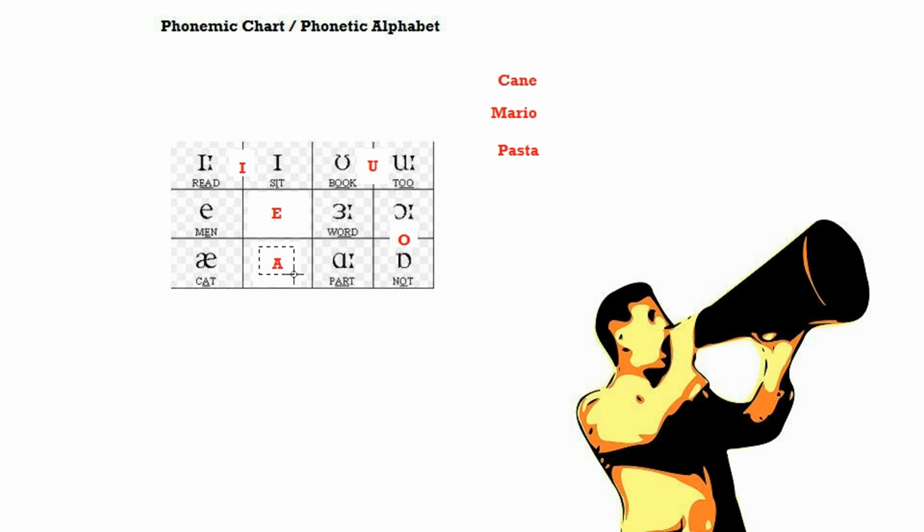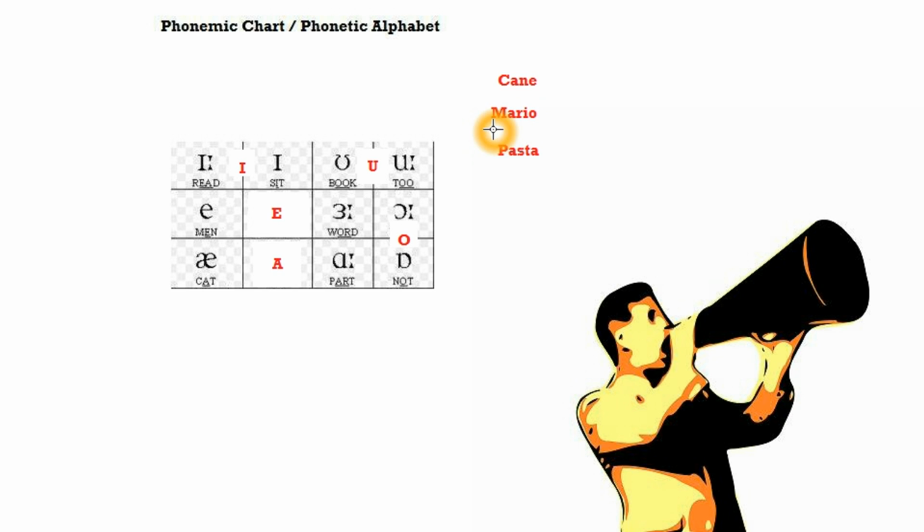So if you know how to pronounce this letter, A, then you can pronounce all the words that contain that letter, because as soon as you find it, you read it the way it's pronounced, and it doesn't change. It's always pronounced in the same way. Same in the case of Mario.